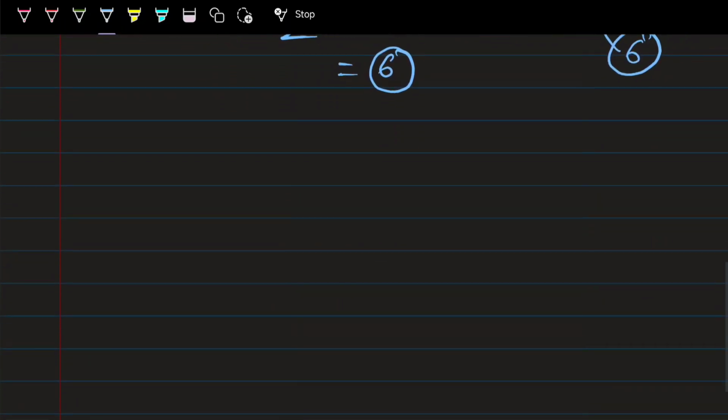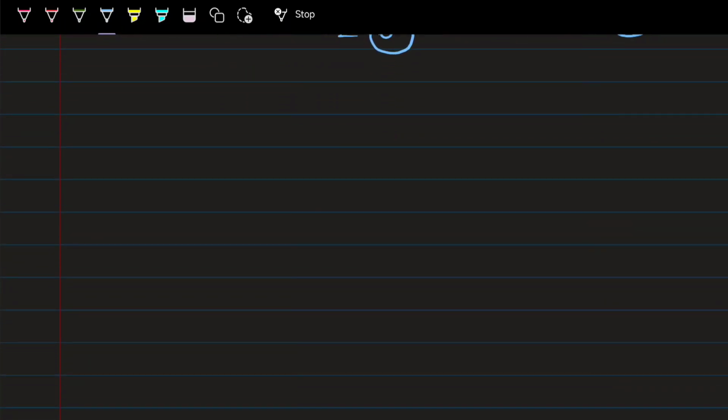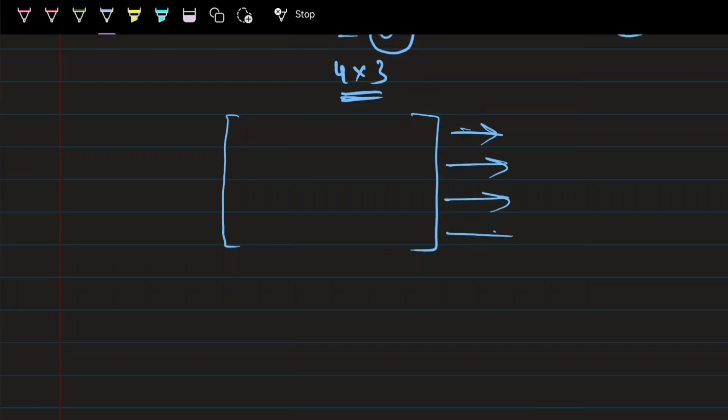See, for example, I will give you a matrix of order 4 cross 3 and I will ask you how many elements does each column of the matrix contain. Now let us see what a 4 cross 3 matrix looks like. So 4 cross 3 in the sense we should have 4 rows and we should have how many columns? 3 columns. See, these are the 4 rows and suppose that these are the 3 columns.